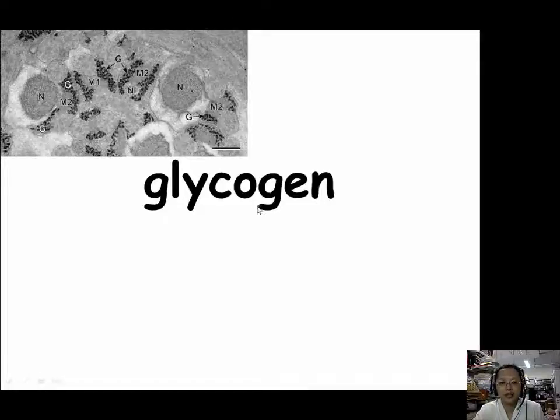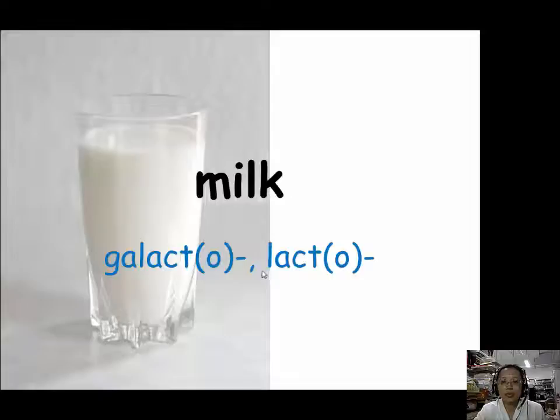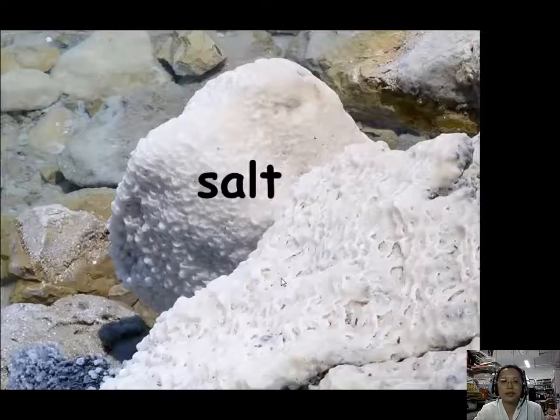For glycogen, we use this prefix, glyco, G-L-Y-C-O, to describe anything that is related to milk. We have these 2 prefixes to use, galacto, G-A-L-A-C-T-O, and lacto, L-A-C-T-O.